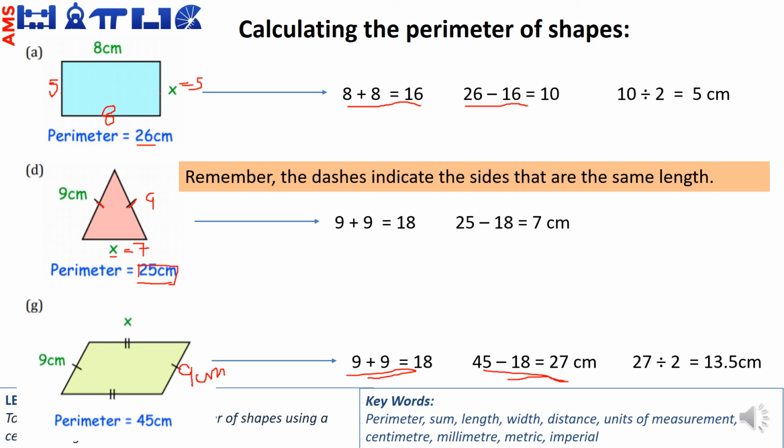Now, if we look at where X is marked, it is also equal to the opposite length as it is a parallelogram. And so to find X, we will have to share the 27 by dividing it by 2, and that will give us 13.5 centimeters. So X is equal to 13.5.